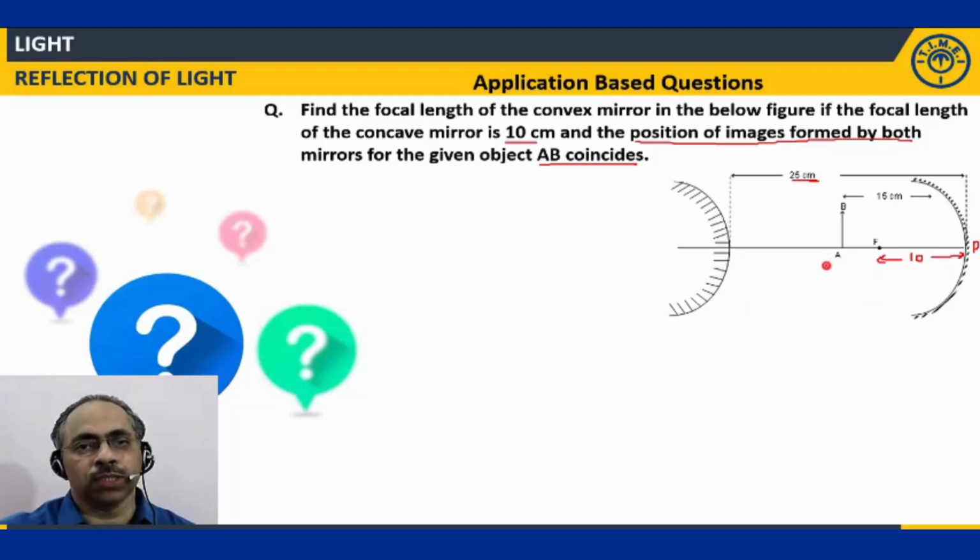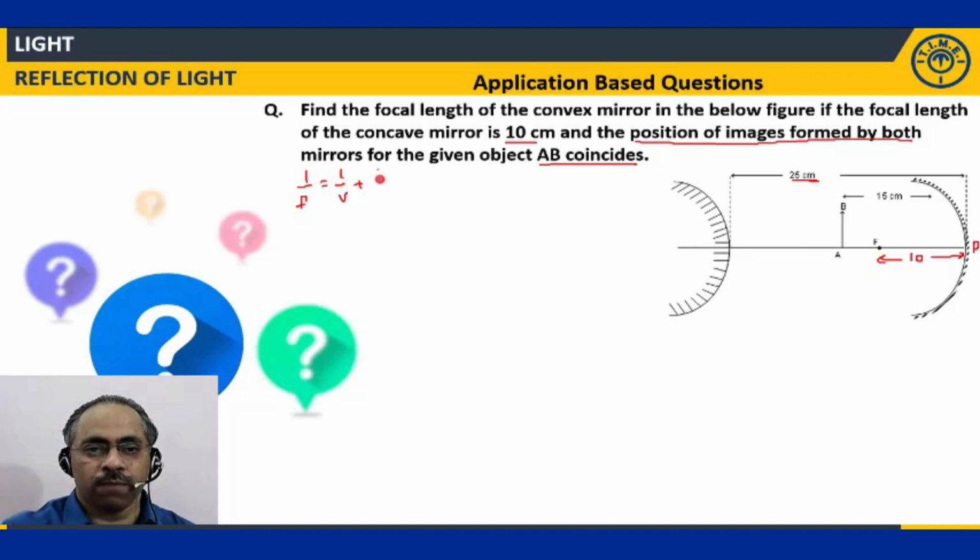Let us try to find out the position of the image formed by the concave mirror. Using the mirror formula, 1 by F is equal to 1 by V plus 1 by U, I will get V is equal to UF divided by U minus F. This is for the concave mirror.